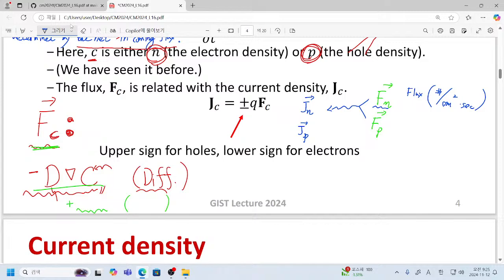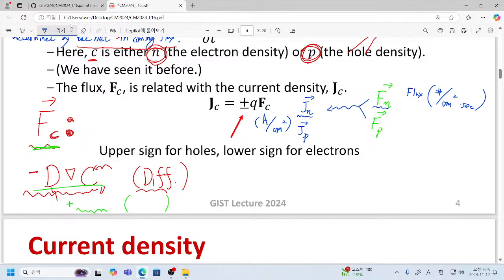This is the unit of flux. Instead of that, current density has the unit of ampere per square centimeter. It means that per unit area, this is the density of current.